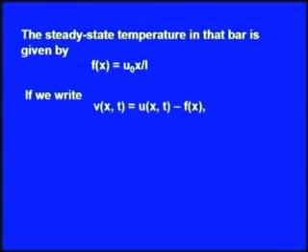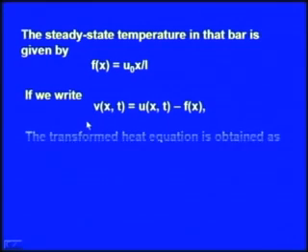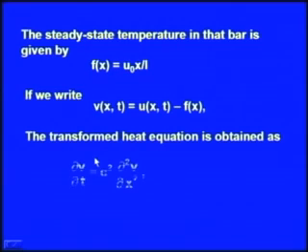So, that u(x,t) we have written as f(x). We write v(x,t) as u(x,t) minus f(x), then the transformed heat equation is obtained as ∂v/∂t equal to c² ∂²v/∂x², because ∂v/∂t gives you ∂u/∂t, the partial derivative of f(x) with respect to t being 0.